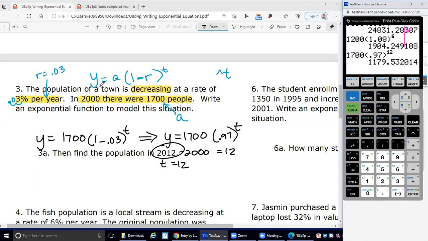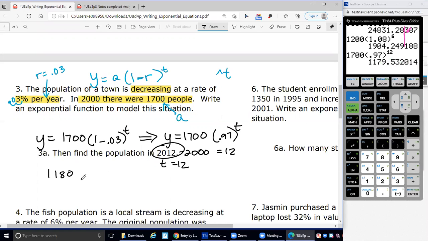And we are talking about people, yes? So we're not talking about money. We're talking about people, which means that half a kid, that's not really half a kid, that's a whole person. So we're going to go ahead and say 1,180 people, y'all, because that's 5 or more.